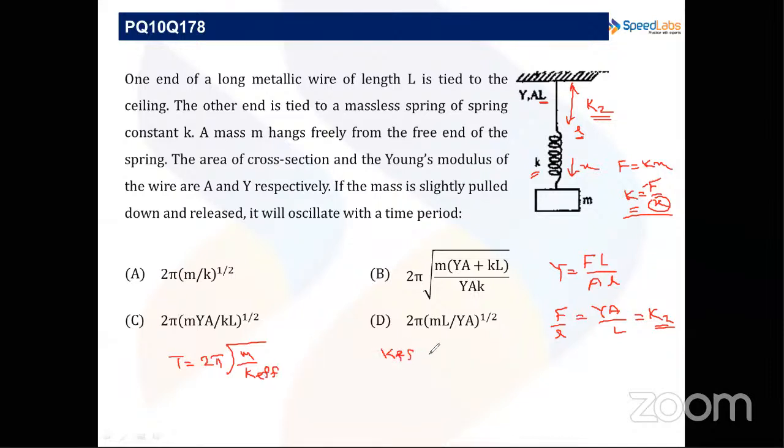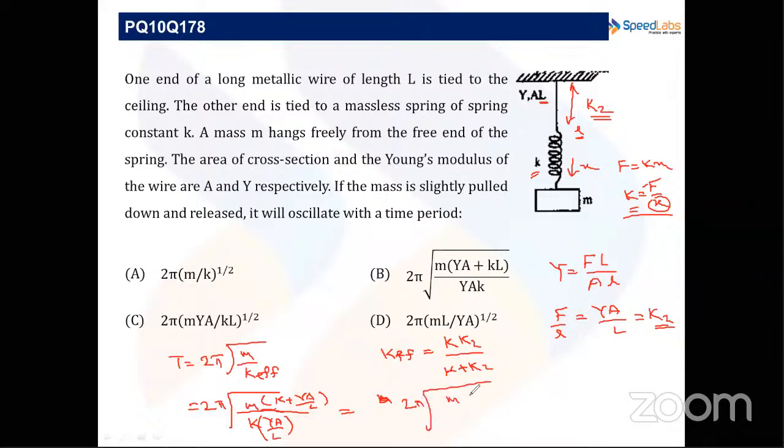So k effective of these springs is K K2 upon K plus K2. Put the values and you will get your answer. So 2 pi under root m by K2, K2 is YA by L, YA by L upon K1 plus K2, that is K plus YA by L. L common आ जाएगा, so it will become 2 pi under root M(KL plus YA) upon KYA.